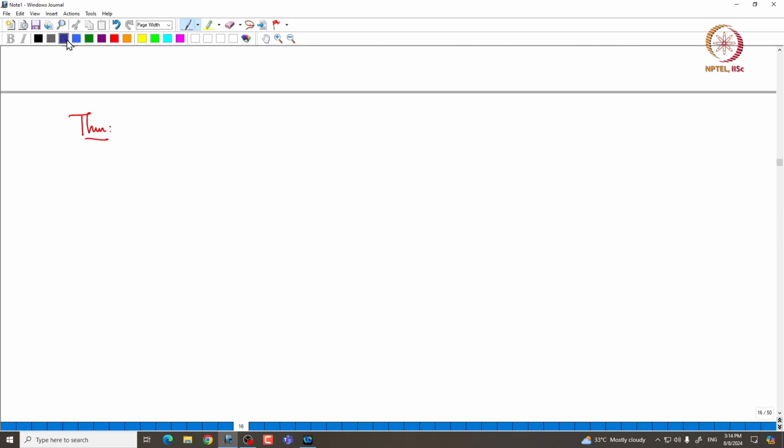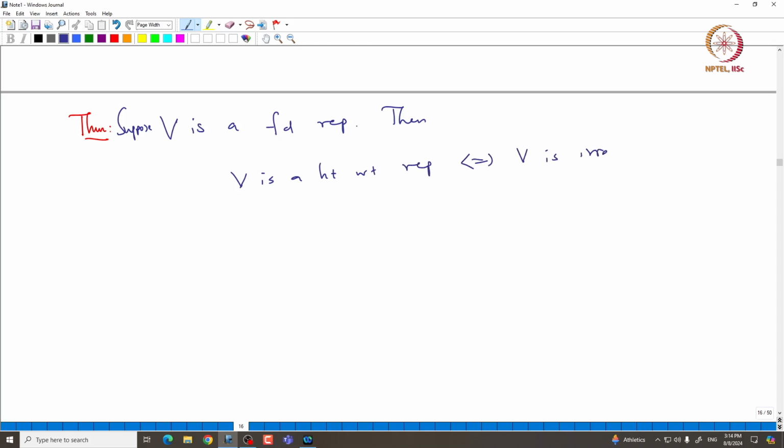So, our theorem actually says, V is a, let us say, finite dimensional representation. Then V is a highest weight representation if and only if V is irreducible.